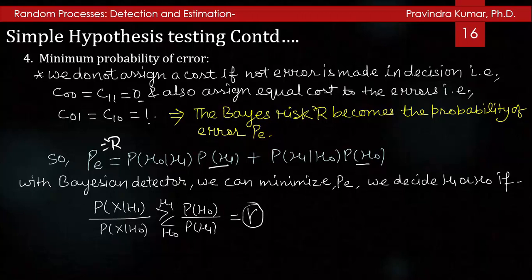So here the threshold value only depends on the prior probabilities of the hypotheses, and this is similar to the NP test. We compare the likelihood ratio to the threshold value, which is determined by the prior probabilities of each hypothesis.